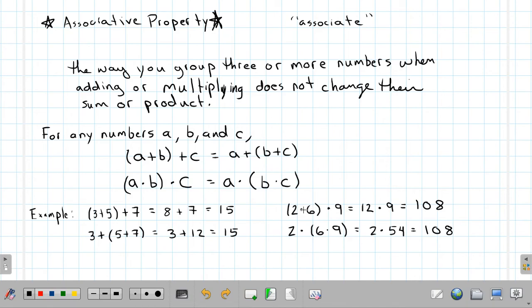Order of operations tells us we need to do the 2 times 6 first. Well, if we do the 2 times 6 first, then multiply times the 9, that's the same thing as doing the 6 times 9 first and then multiplying it times 2. Okay, so once again, associative property, think of the word associate. It doesn't matter which two numbers you associate together, the outcome is going to be the same whenever you're adding or multiplying 3 or more numbers.